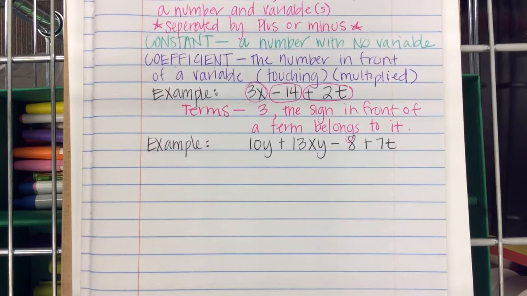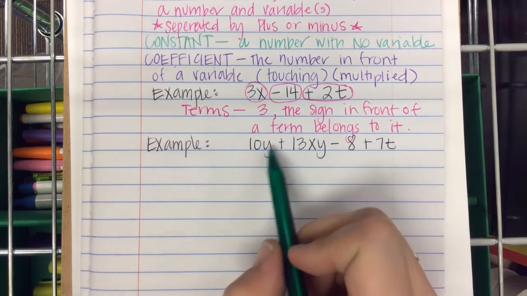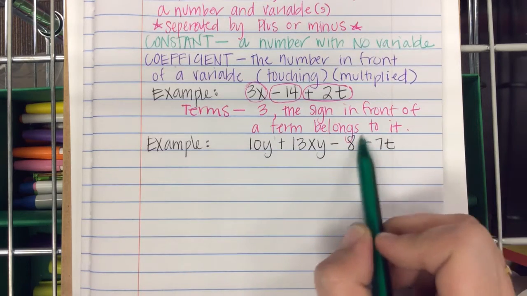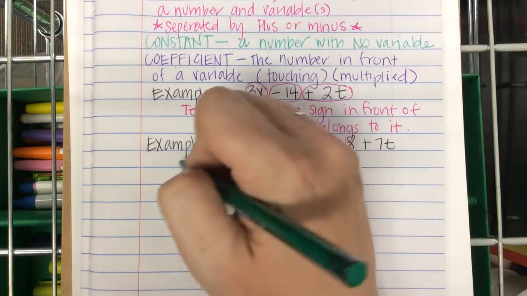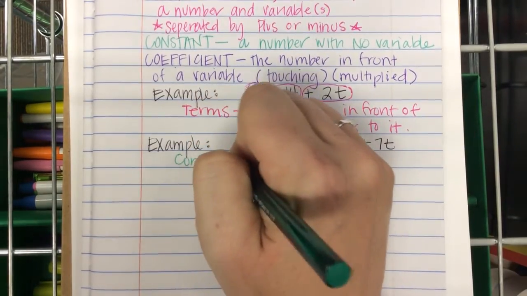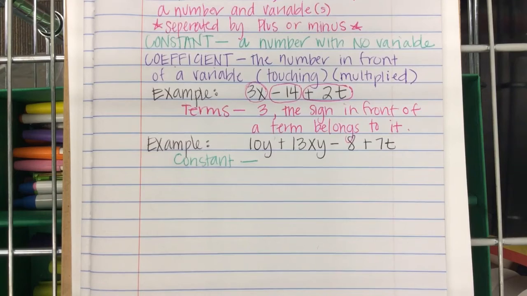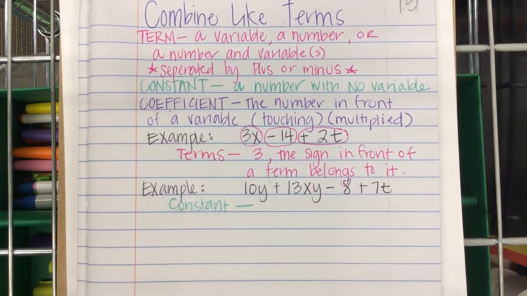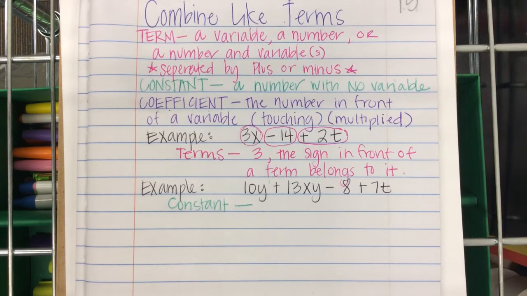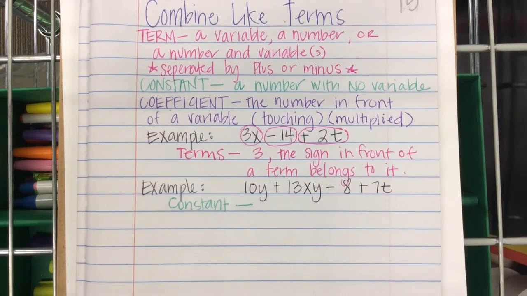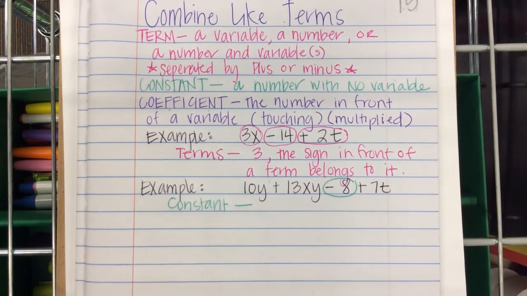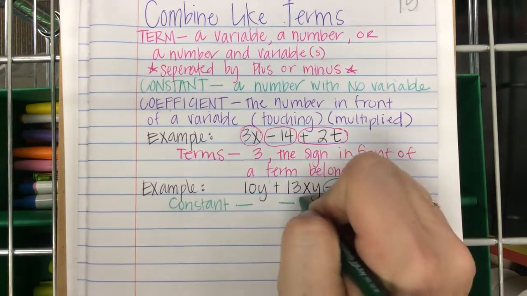Show me with your fingers. 4. But that's not what we're looking for. Right now we're looking for the constant. And what is the constant by definition? BB? A number with no variable. So what number has no variable in this problem? Perfect. It's not just 8. That minus sign belongs with it. Negative 8.